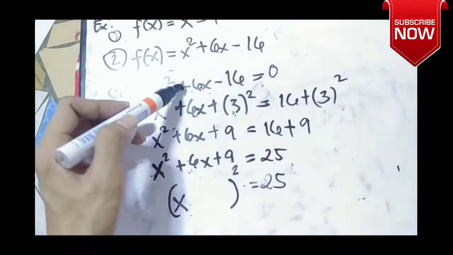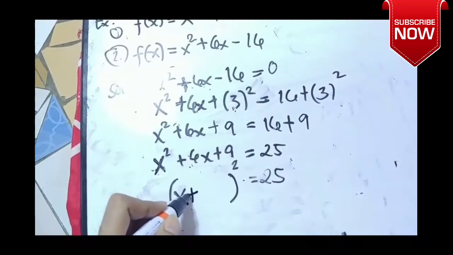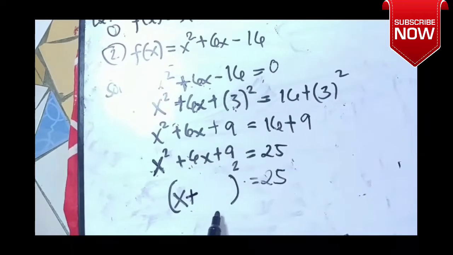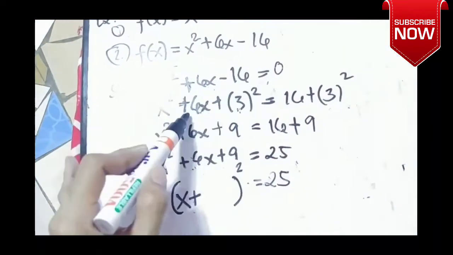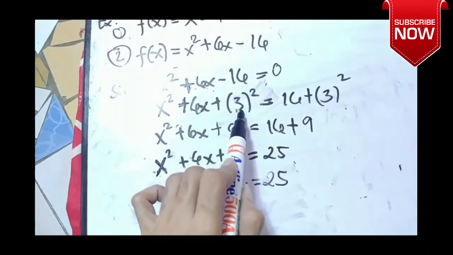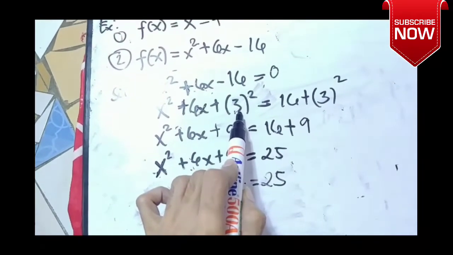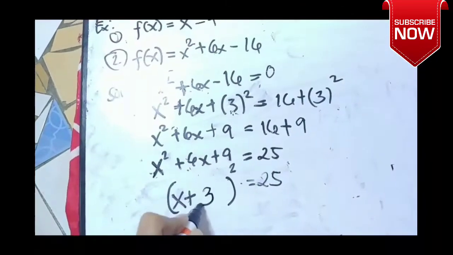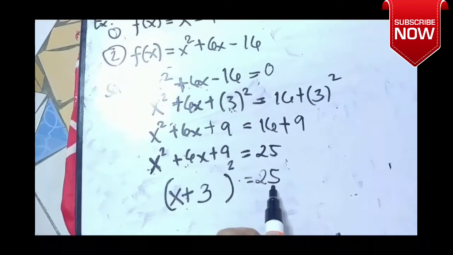So, since this is positive x, automatic that is positive. Ang tanong, what's next? So, kung ano naman ang nilagay natin, nakalahati ng coefficient ng linear x, and that is positive 3, automatic, yan yung ilalagay natin. That is, x plus 3 squared is equal to 25.